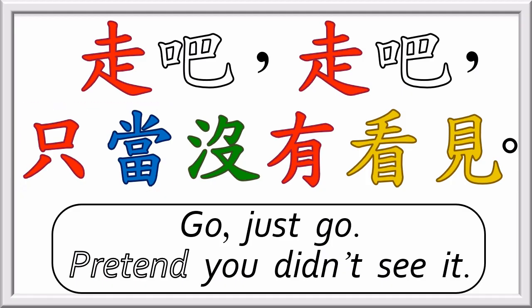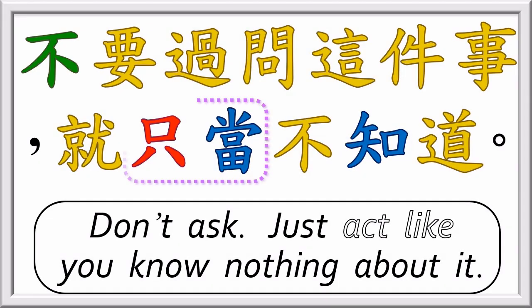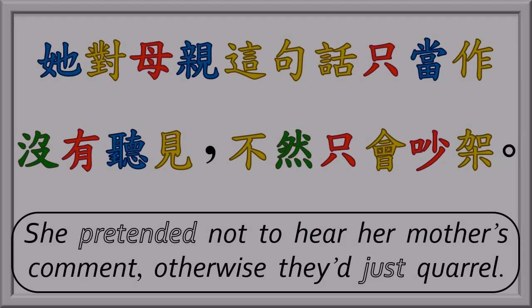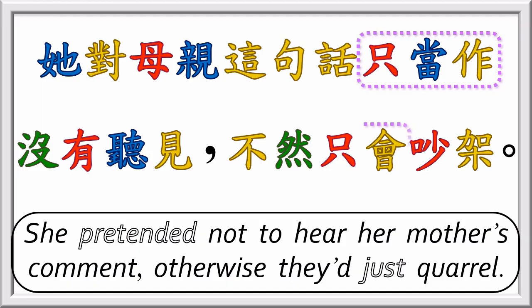Go, just go. Simply pretend you didn't see it. 不要过问这件事，就只当不知道. Don't ask, just act like you know nothing about it. 他对母亲这句话只当作没有听见，不然只会吵架. She pretended not to hear her mother's comment. Otherwise, they'd just quarrel.